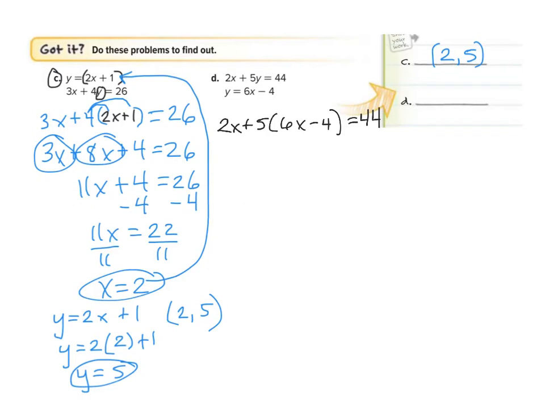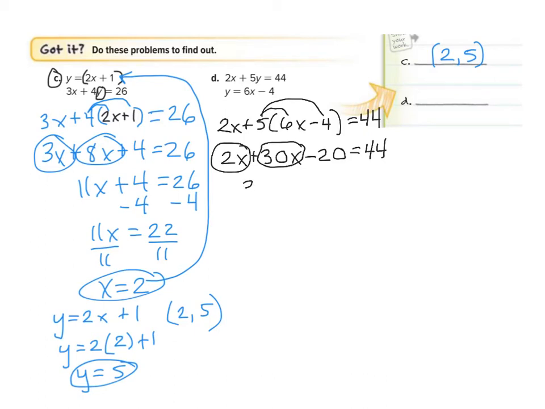All right, so we have to use the distributive property. 5 times 6x is 30x, and 5 times negative 4 is negative 20. Don't forget about the 2x at the beginning. So combine like terms. 2x and 30x are similar terms.